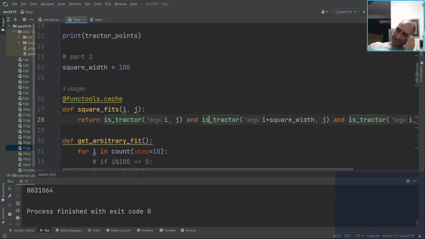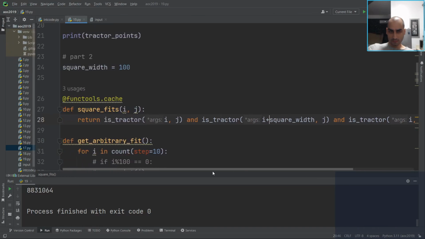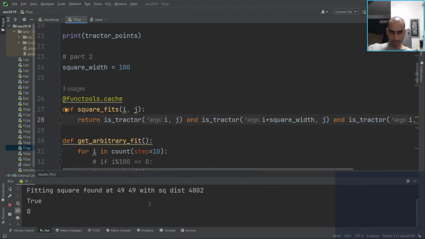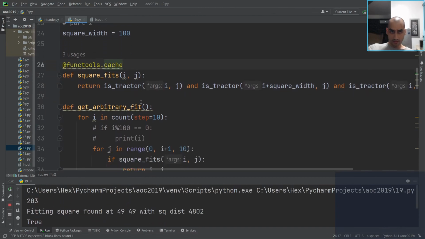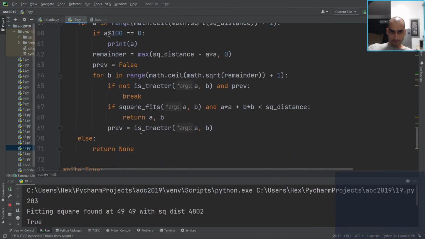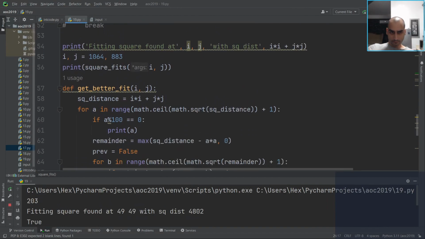Is this definitely convex in this sense? It must be, otherwise it'd be really weird. Yeah. So we only have to check these corners, right? That assumption is what we've been assuming all along. Fitting square, found it. Yeah, okay, that's part one. Yeah, so 1064883 fits. We've confirmed that.